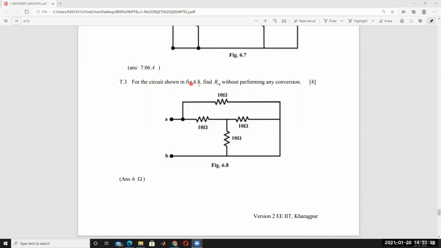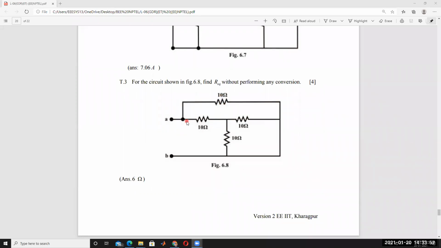For the circuit shown in figure 6.8, find the R equivalent by performing any conversion, delta to star or star to delta, whatever may be, based on our interest. Yeah, this looks like a star, so apply star to delta. Convert here and here and in between this. These two elements become parallel.